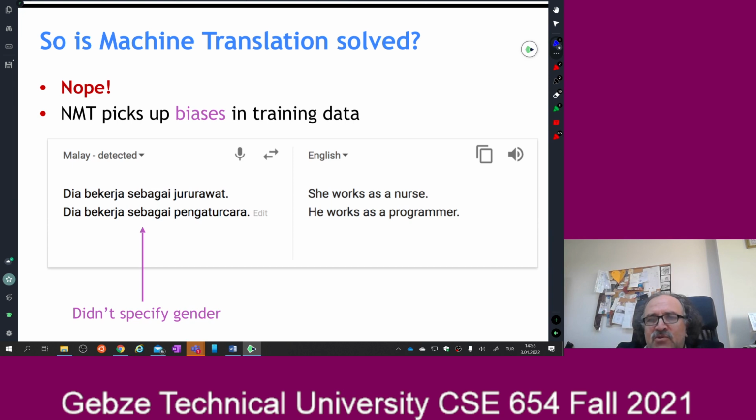So how am I going to translate this? Should I prefer she or he? If the context is not there, I have to make up something. Usually the machine translation systems are biased: usually the nurses are female, and unfortunately, the programmers are male. So when you do this kind of translation, you have these kinds of biases because they come from the training data.